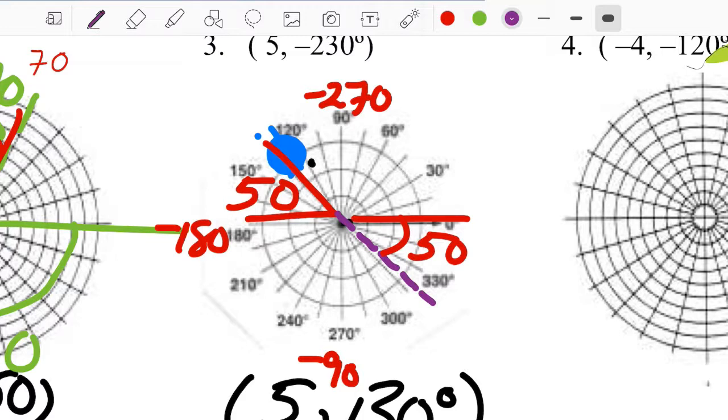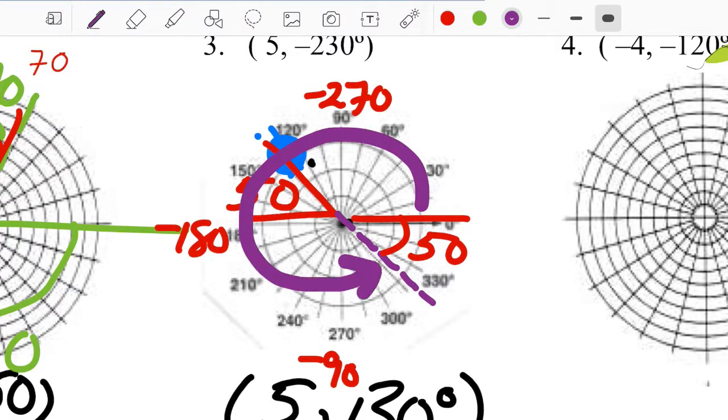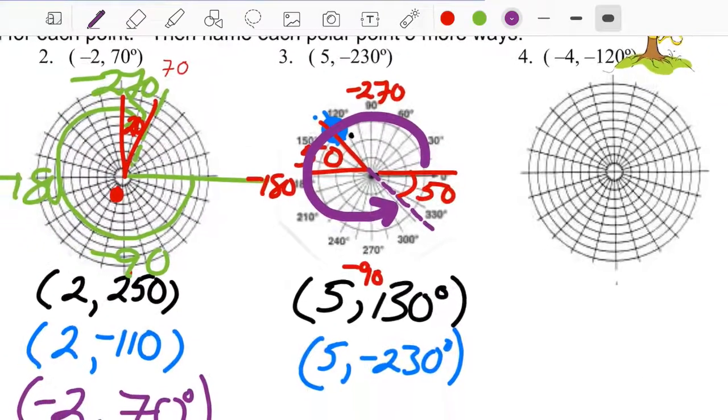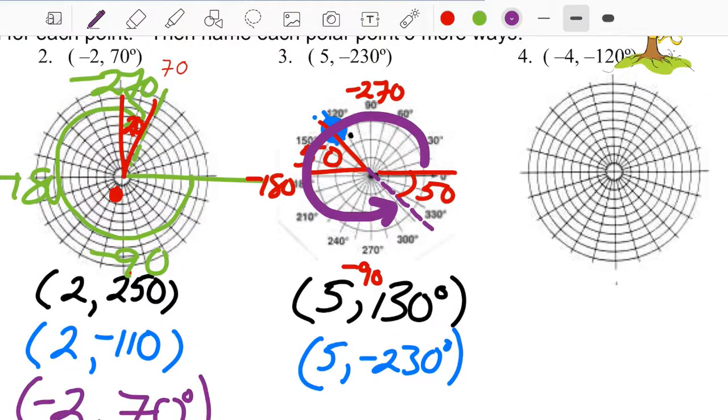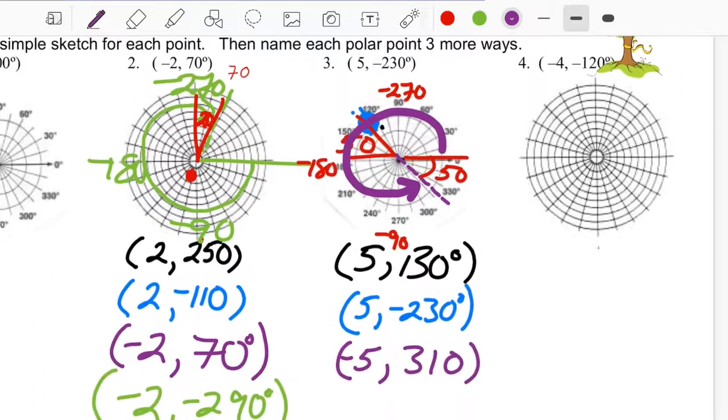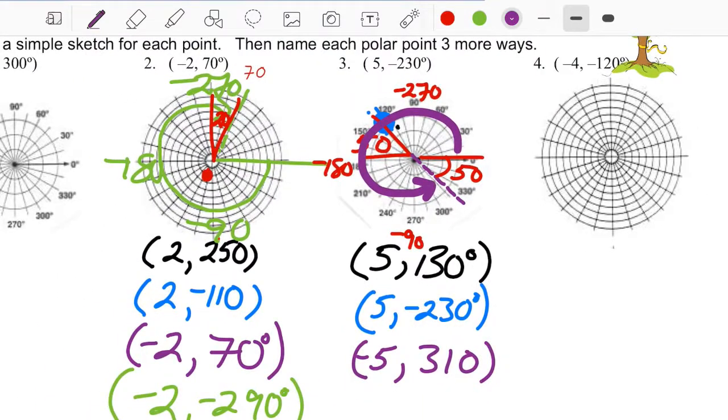One of the rotations is just a big old positive rotation. I didn't rotate the whole way 360, did I? I'm 50 degrees shy of 360. So I like using that idea of being 50 degrees shy of 360 to get me to 310. Now notice I use negative 5 because I'm on the opposite side.